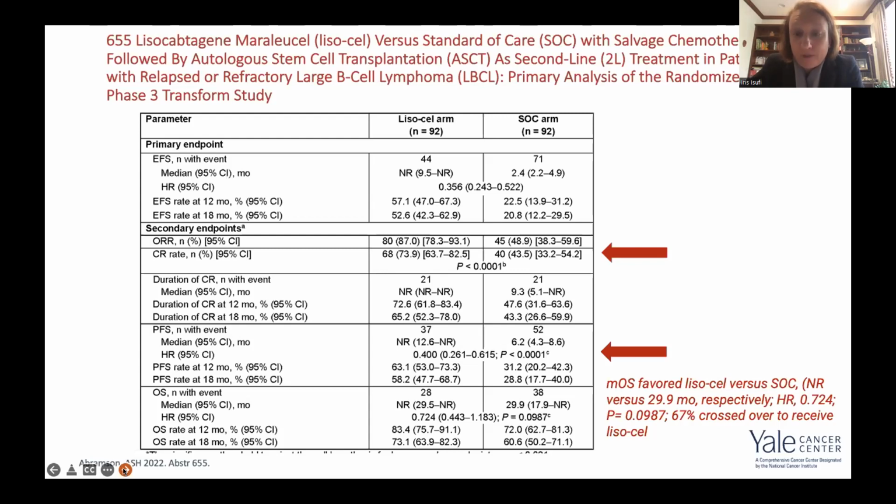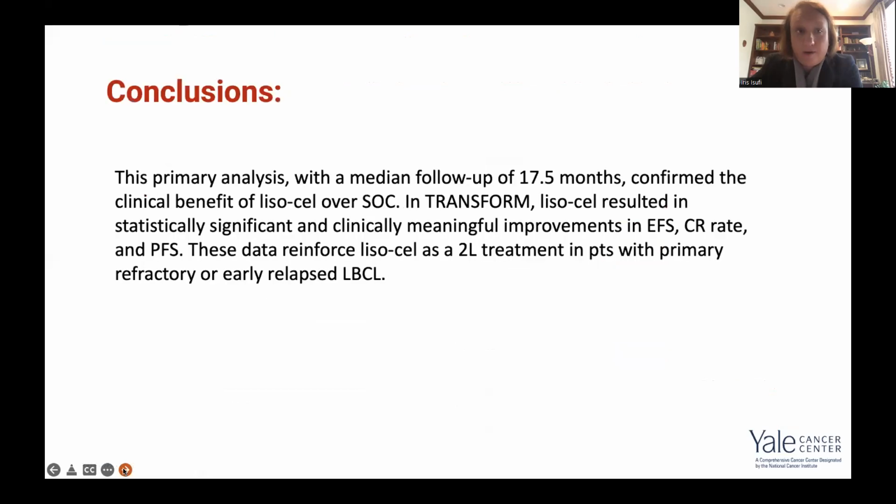And importantly, despite 67% of patients crossing over from the transplant arm, the chemotherapy arm, to receive liso-cel, there still seemed to be a trend favoring overall survival in patients who received liso-cel, where overall survival was not reached versus about 30 months in the standard of care arm.